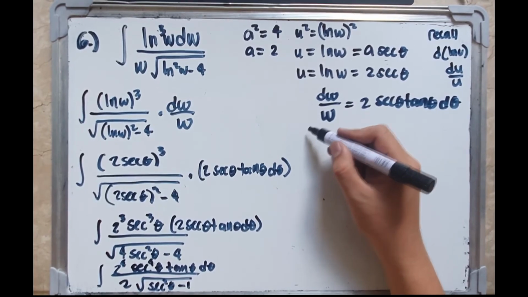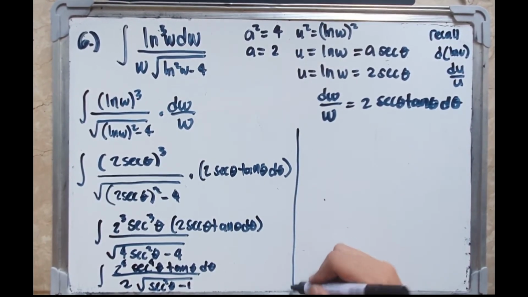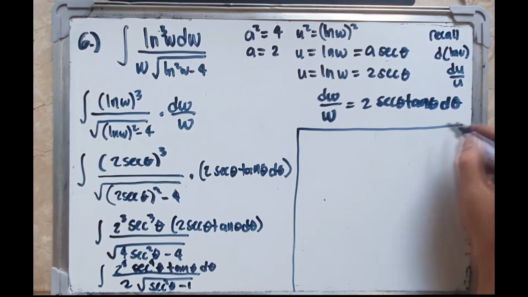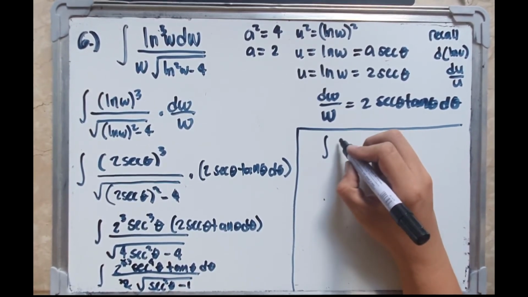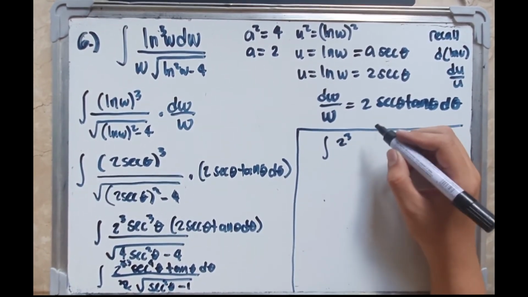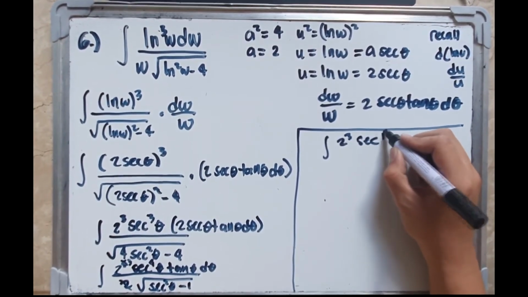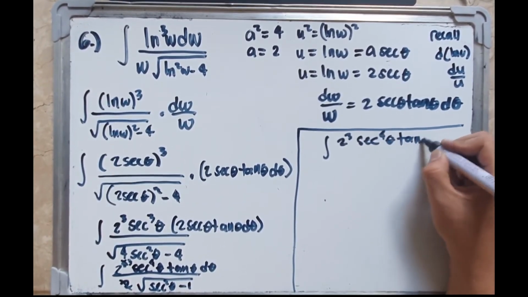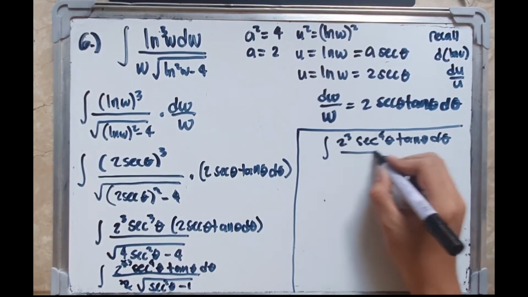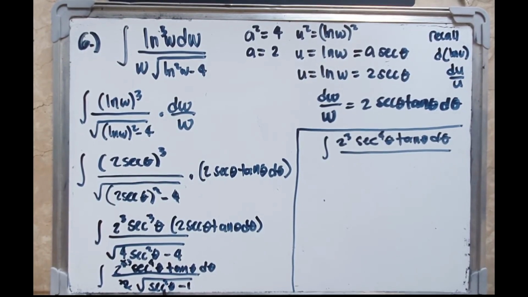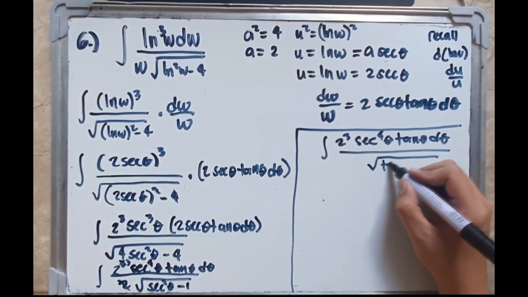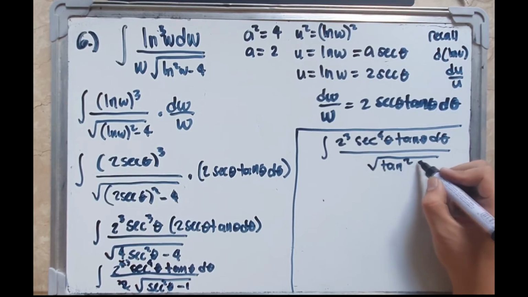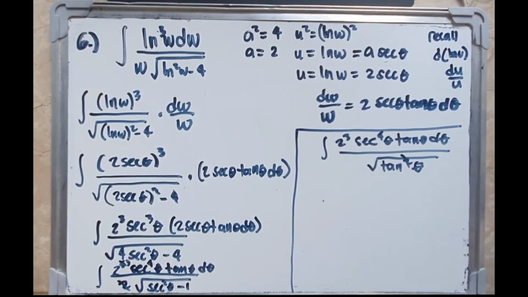Okay, so let's continue on from this side. Integral of, cancelling out one of the 2s, so this is now 2 cubed secant to the 4th theta tangent theta d theta all over secant squared theta minus 1, which is equivalent to tangent squared theta, cancelling that one out.